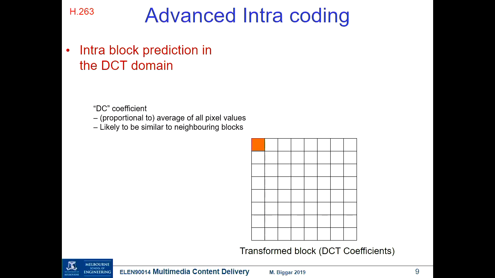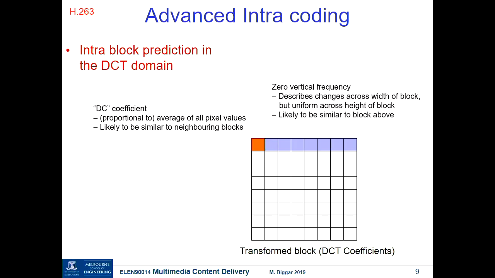But with the advanced intra-coding effort within H.263, they started to think, well, okay, what about some of these other coefficients? It's hard to predict AC coefficients in general between blocks because AC coefficients represent higher frequencies, and if there's higher frequencies, there's lots of change, and if there's lots of change, then one block is not going to be well correlated with the other.